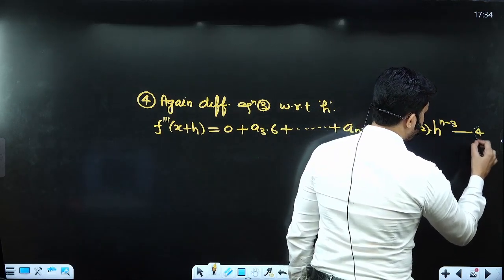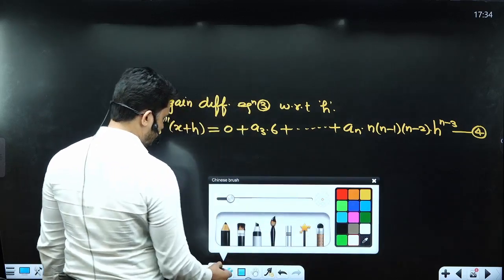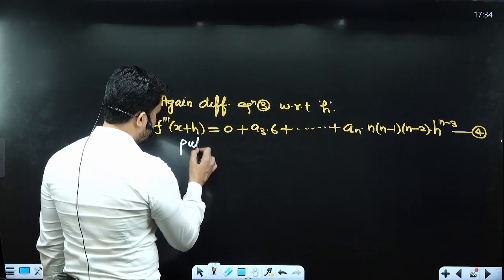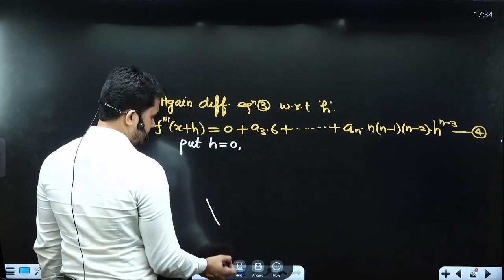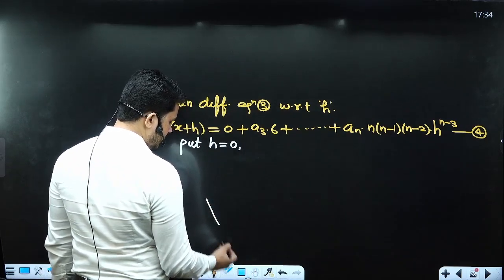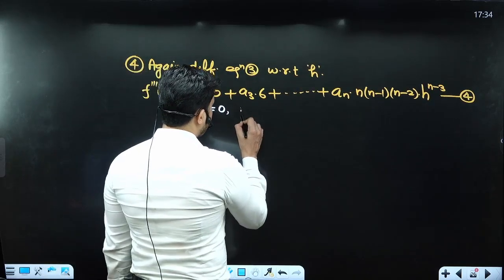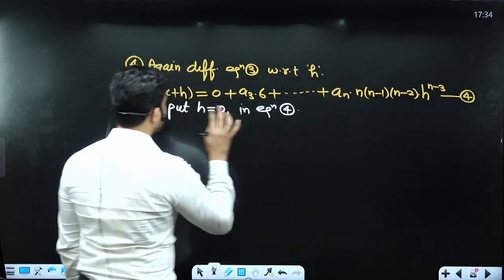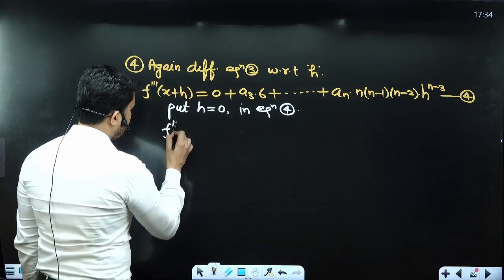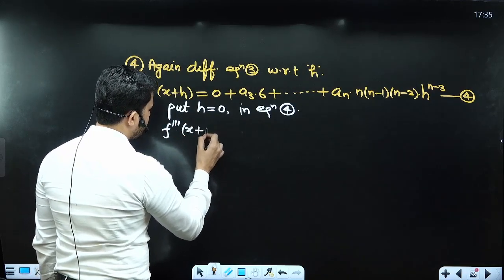This is equation number 4. Again you have to substitute h equal to 0 in equation 4. So it will become f triple dash of x plus 0.